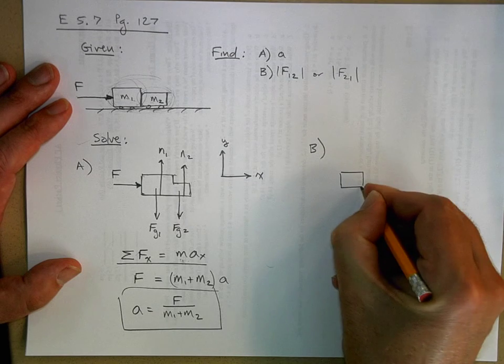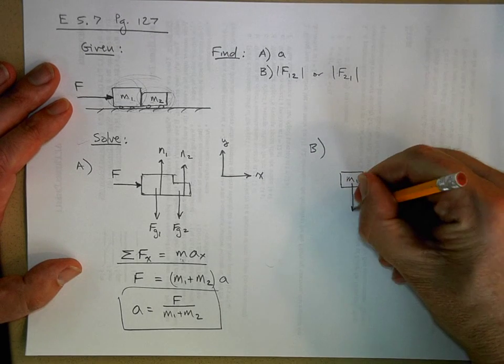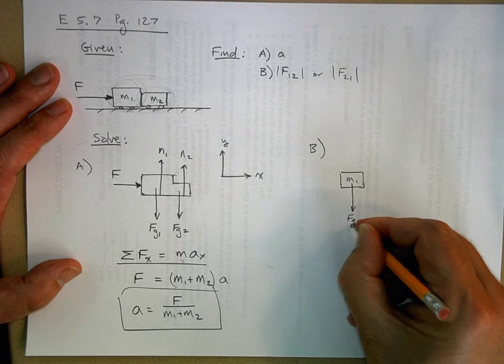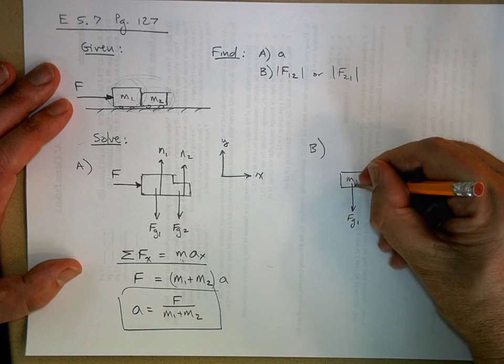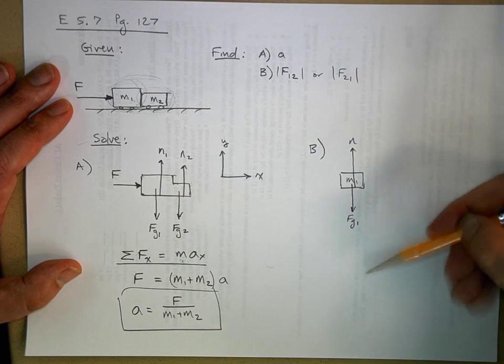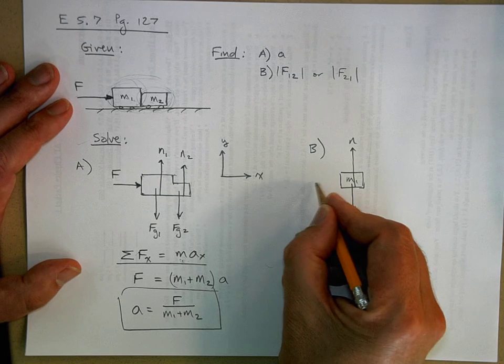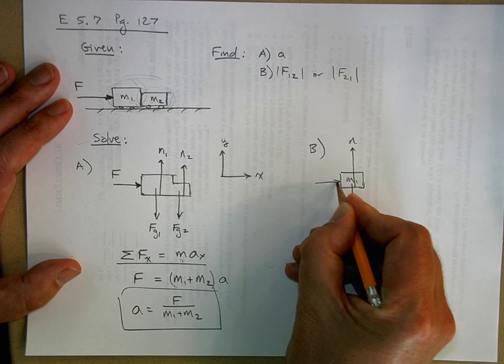So here's object 1, M1, and of course we've got gravity pulling it down. I've got the normal force supporting that weight, so that leaves no acceleration in the y direction. And I've got F like this.